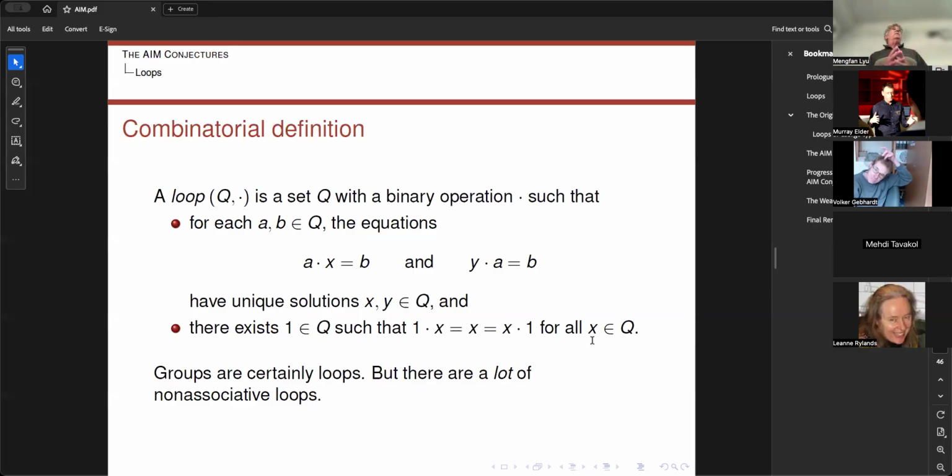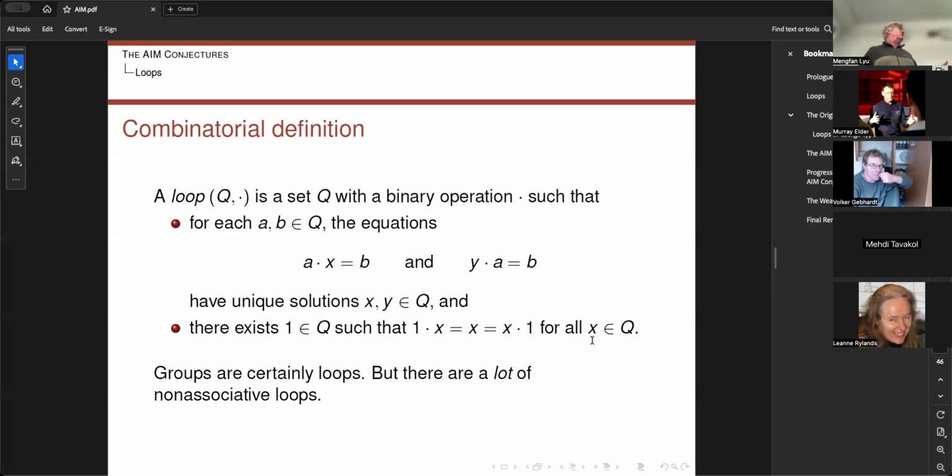So what is a loop? So here's what's usually called the combinatorial definition. A loop is a set, it's got a binary operation, and here's the stipulations. For each pair of elements, the equations a times x equals b and y times a equals b have unique solutions, okay?